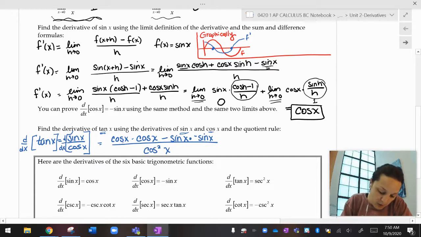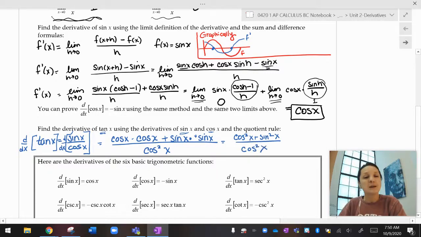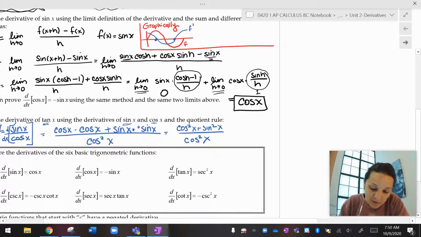And then on top, I have cosine times cosine minus negative, so that becomes plus. Cosine times cosine plus sine times sine, which is cosine squared x plus sine squared x all over cosine squared x. Anybody remember their Pythagorean identities? I do. Sine squared x plus cosine squared x equals 1.